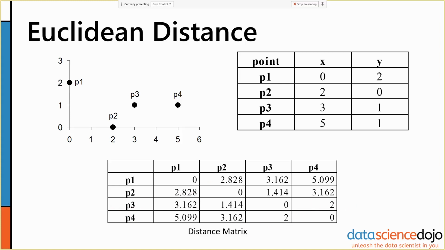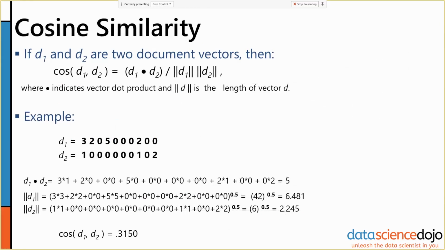So another distance metric that we see particularly in the context of documents is called cosine similarity. So we have documents. We have turned them into term vectors. And this, cosine similarity, is a measure of similarity, not of dissimilarity.